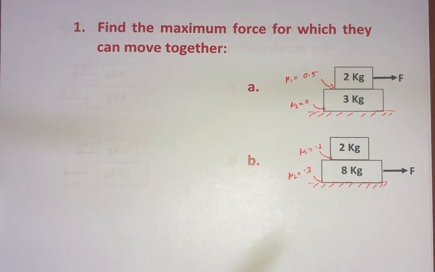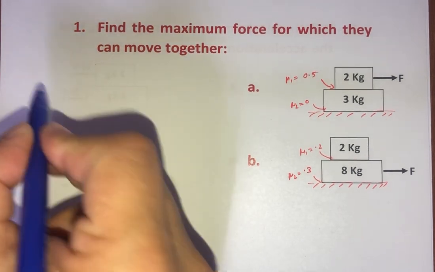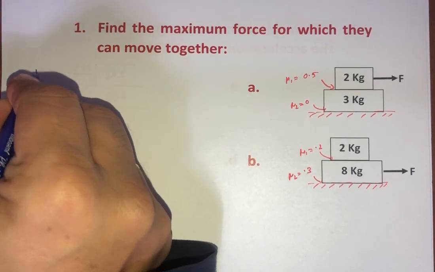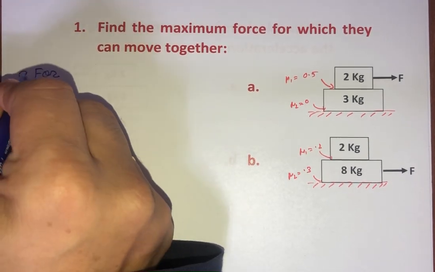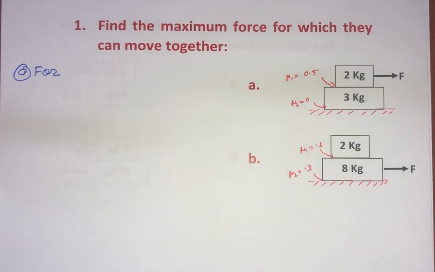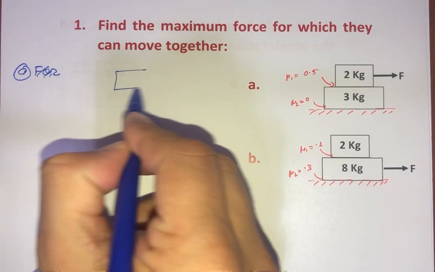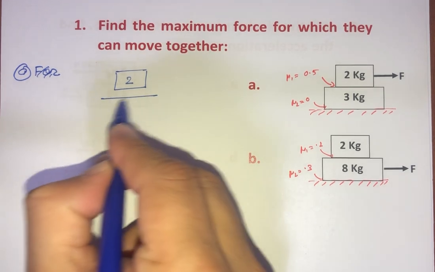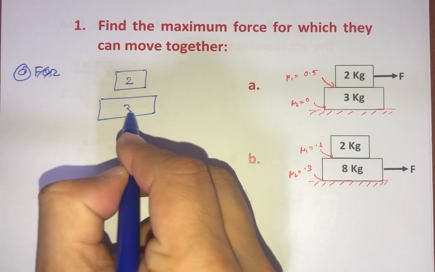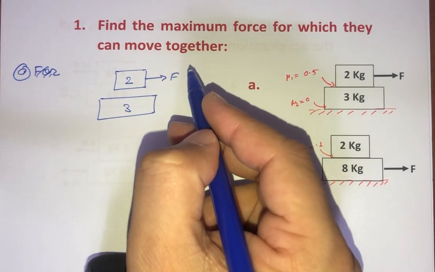Okay. First of all, let us consider case A. In this case, this is our 2 kg block and this is our 3 kg block, and force F is being applied on the 2 kg block.